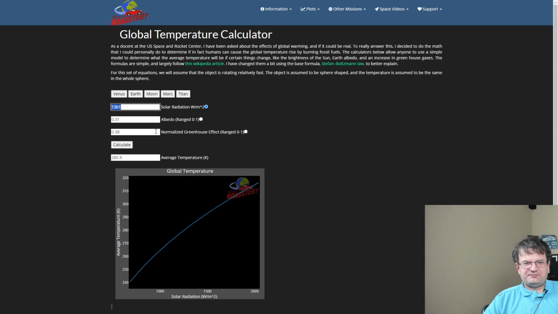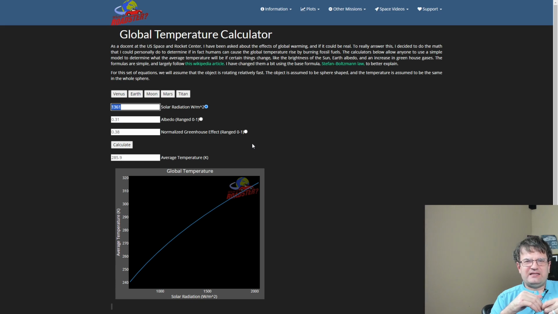The albedo is how much light is reflected from it, and this is a combination of the reflectivity of the surface as well as whatever clouds there may be. For instance, the surface of the Earth tends to be fairly dark, but the clouds are fairly light, so the albedo of Earth is 31%, which means that as a whole, the Earth reflects 31% of the light that we receive from the sun.